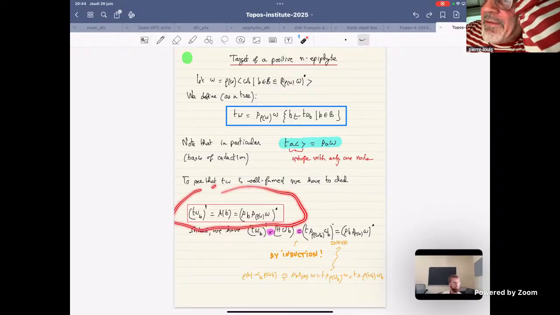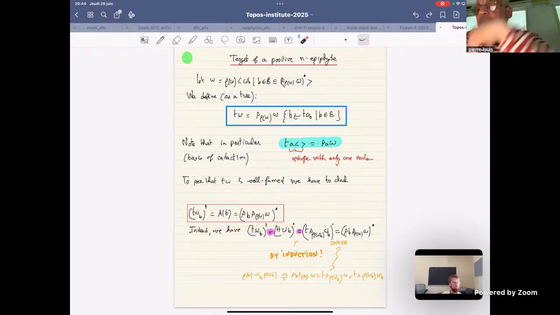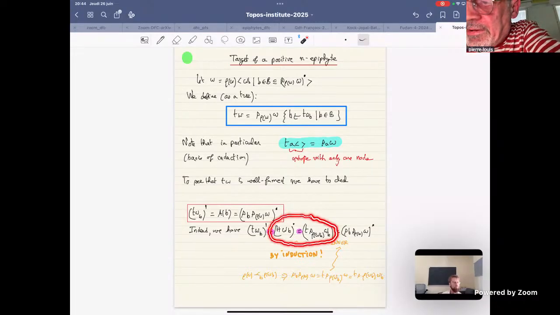Okay. So I will not detail it, but it can be checked by a sequence of three equalities. But the point I want to make is that in order to check this, I need to use this equation, which has to be proved, and it's a globularity equation about targets that I will explain next slide.